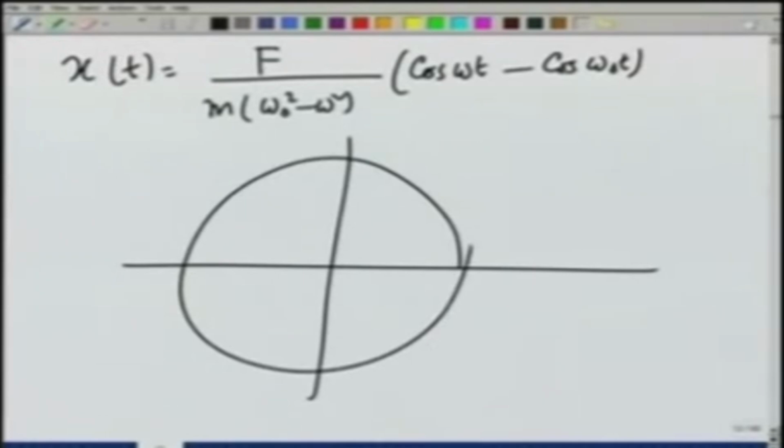Suppose I would look at it at t equal to 0. At t equal to 0, the term F over m omega naught square minus omega square cosine omega t looks like this, and at the same time the other term is in the opposite direction.